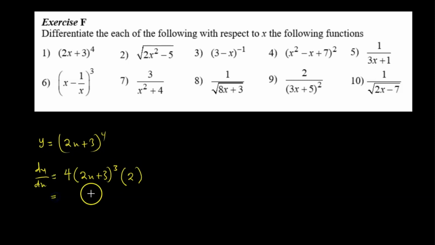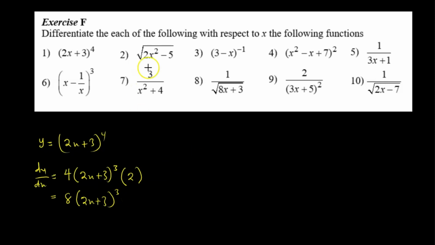Expanding and simplifying, 2 times 4 gives 8 into bracket 2x plus 3 all raised to the power 3. It is not necessary to expand this function to the third power. You can leave the answer as this and it will be marked for you. It's accepted that way.